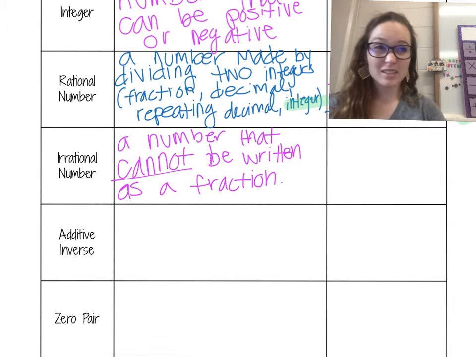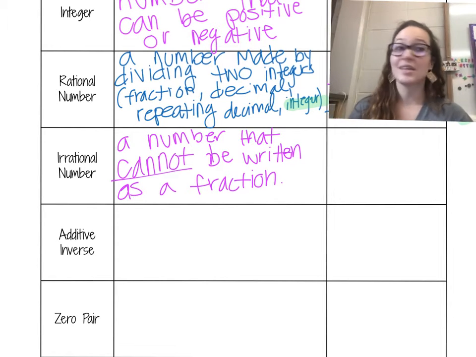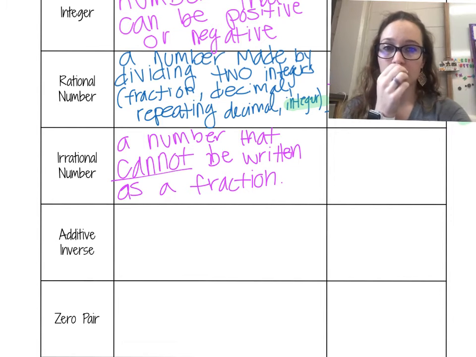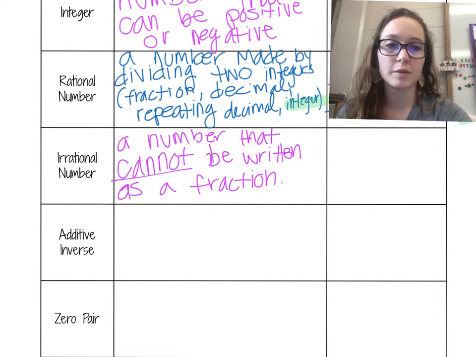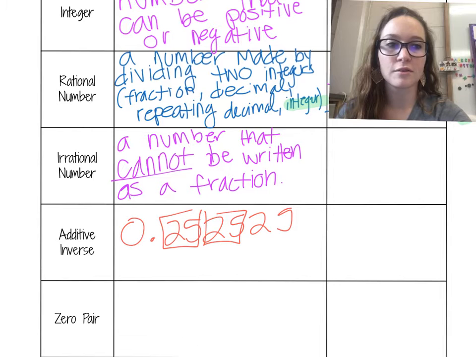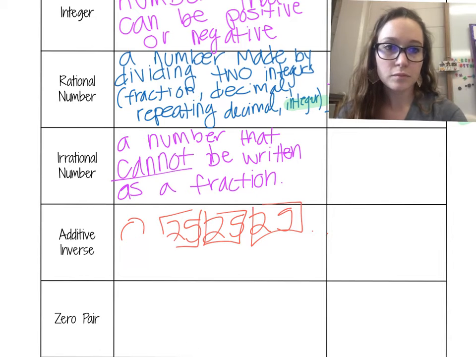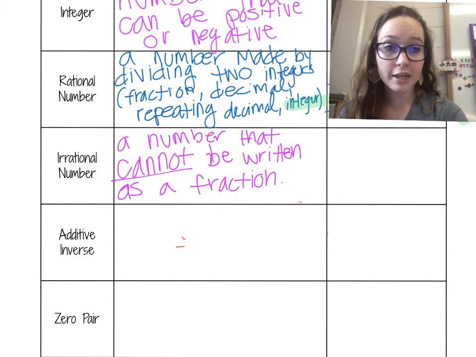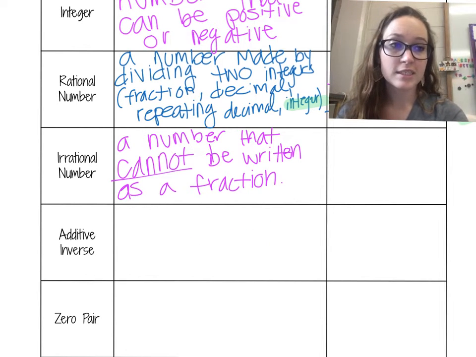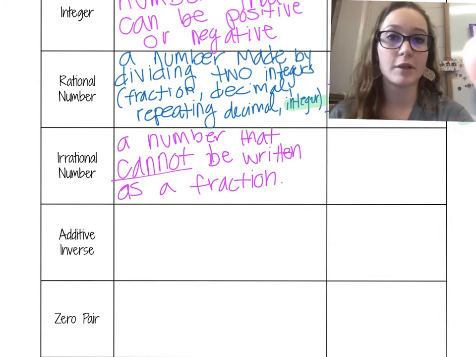So it's going to be a number like a decimal that doesn't repeat. A repeating decimal would be like 0.252525. You can see this pattern that 25 repeats, and it would go on forever. But an irrational number is going to be a decimal that does not repeat.